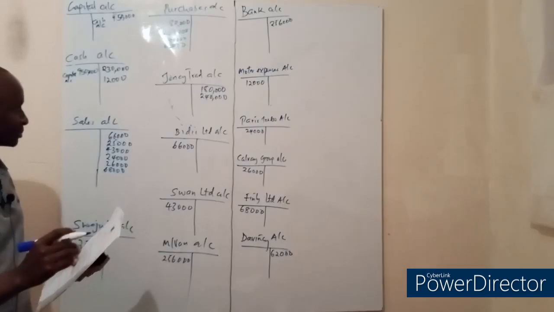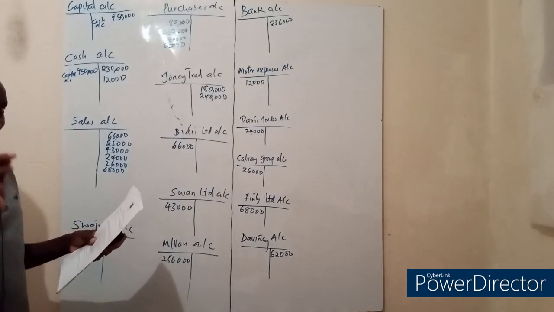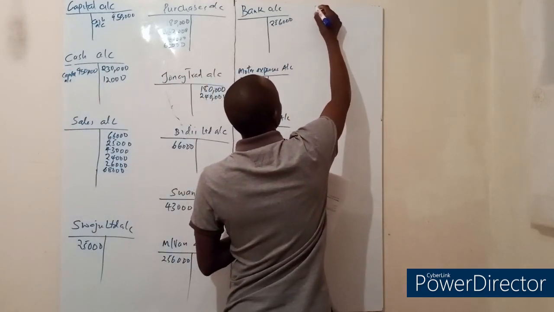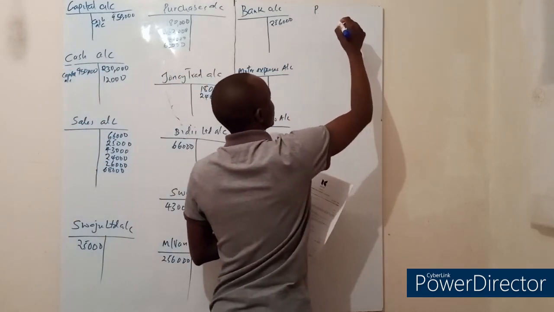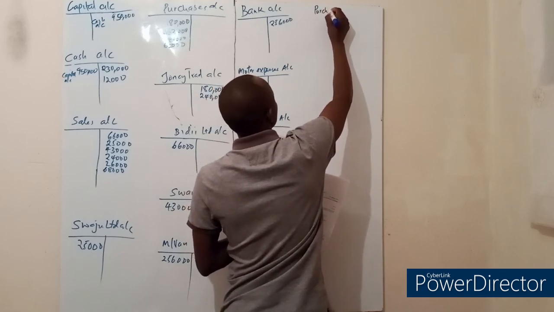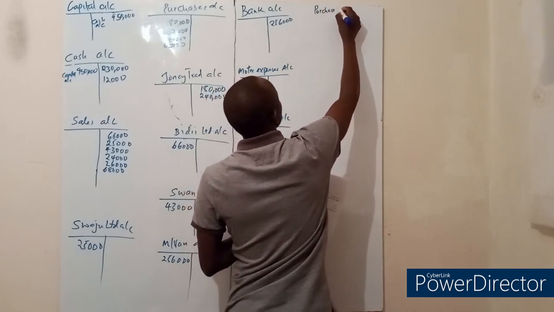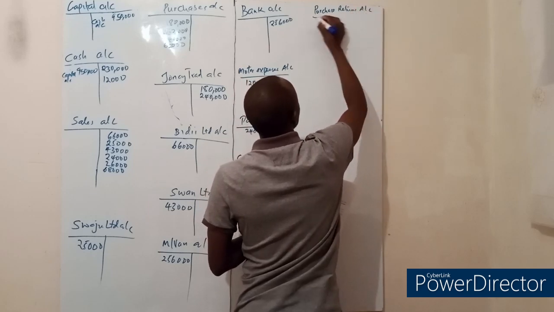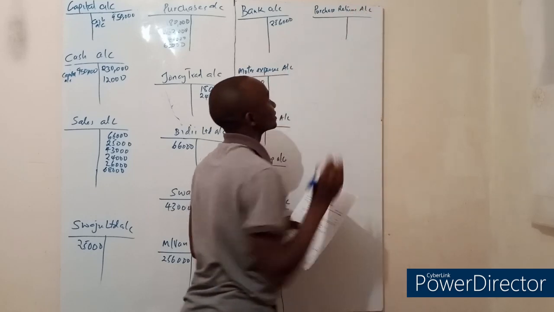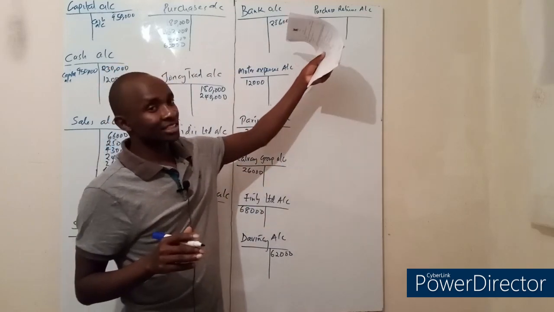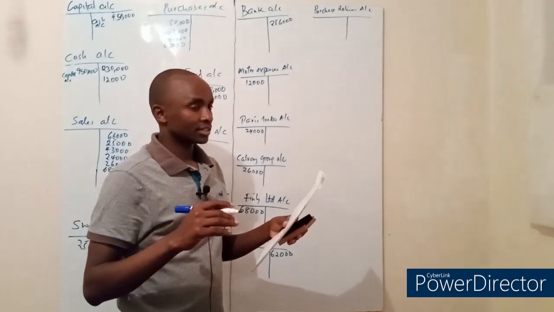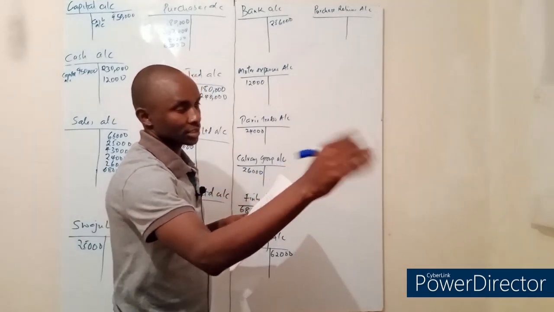We are going to open the purchases returns account number one. So this purchase returns account can also be called the return outwards. Are we together?